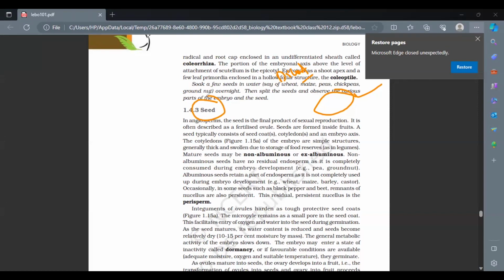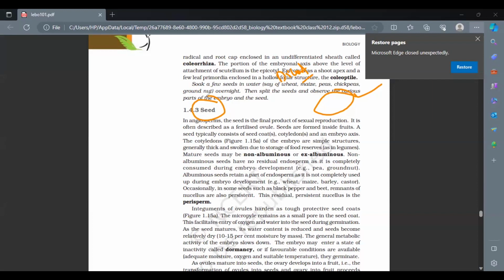Now, these seeds can be of two different types: albuminous and non-albuminous seeds. When the seed is growing, what is the role of the endosperm? The endosperm provides nutrition to the growing embryo, because the embryo doesn't get nutrition from any other external source.